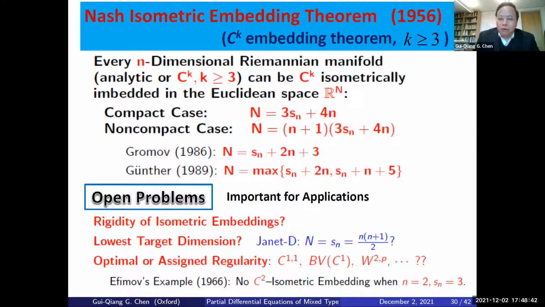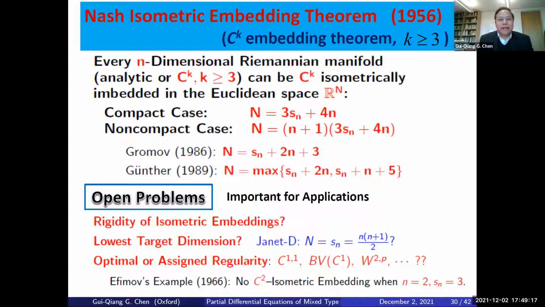Okay. So for this problem, Nash actually proved the following theorem. If you target the Euclidean space Rn, if n is large enough, then you can prove it for the compact case or non-compact case: you find that isometric embedding surface.